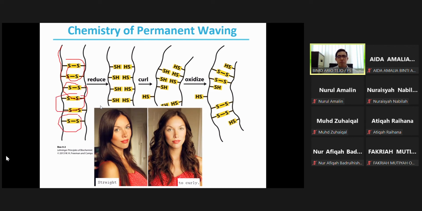And this covalent bond can be broken, can be reduced by reducing agent. And reducing agent yang selalu kita guna ni selalunya berbau. That's why kalau you pergi mall, you jalan lalu semua hair salon, you ada bau, you ada rasa macam bau busuk, because of the reducing agent that they use, because of chemical they use to break the disulfide bond.